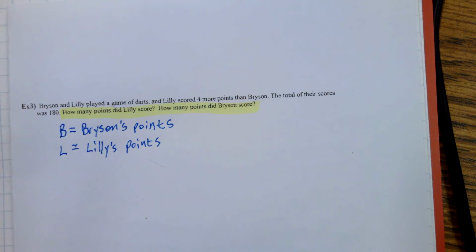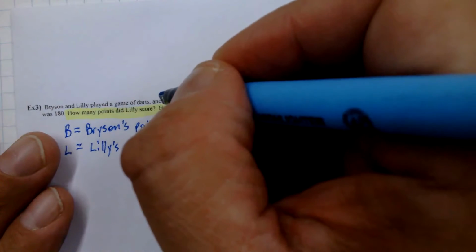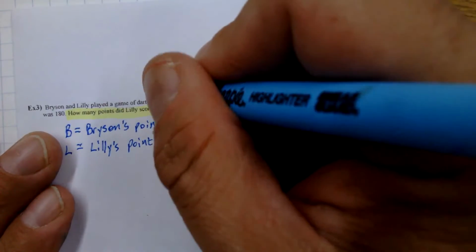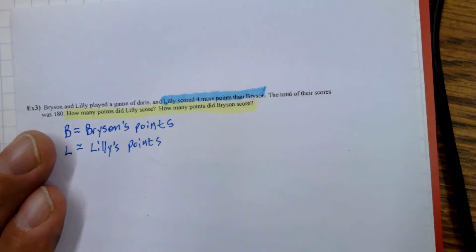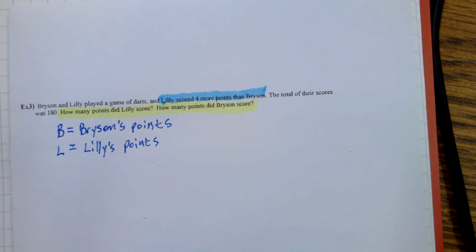So let's come up with some equations. Lily scored 4 more points than Bryson. We could set up an equation from there.